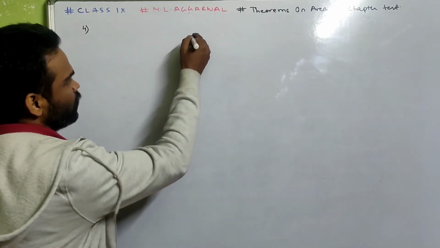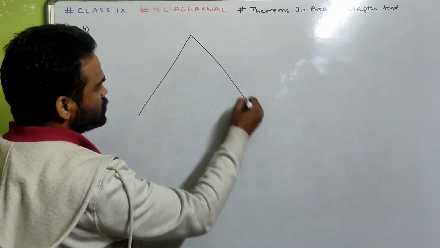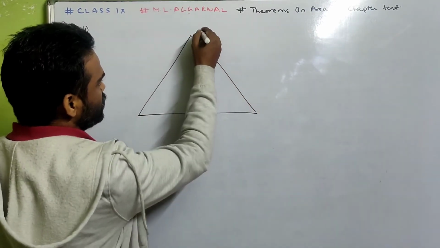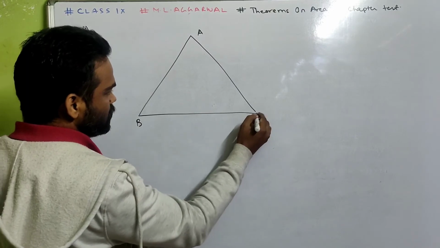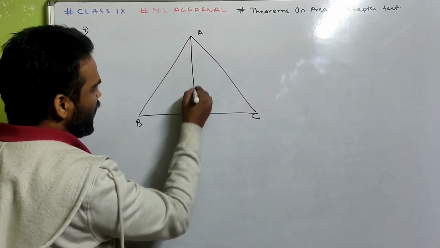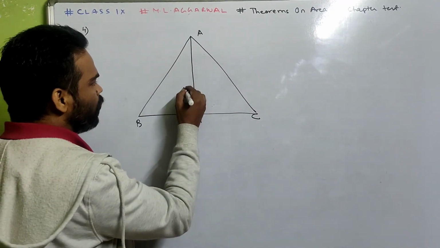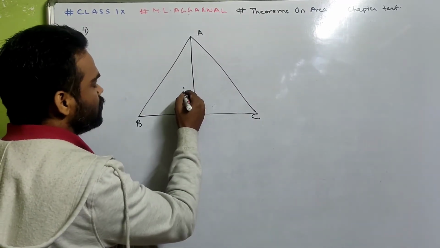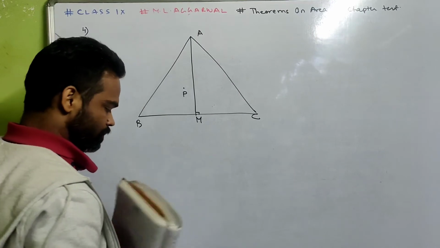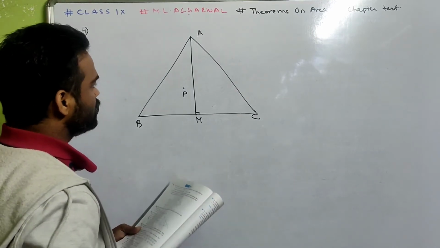Look over here. First I'll draw. Suppose this is your equilateral triangle ABC, and suppose this is the altitude AM. Take any point inside the triangle, P. Okay.